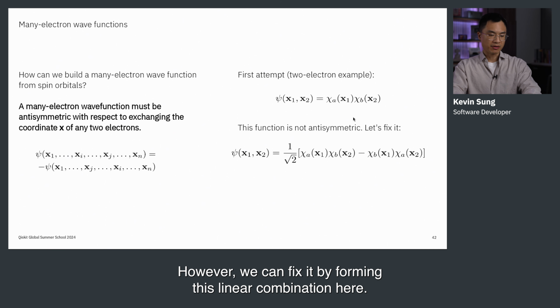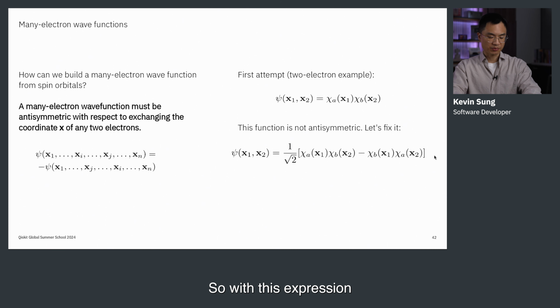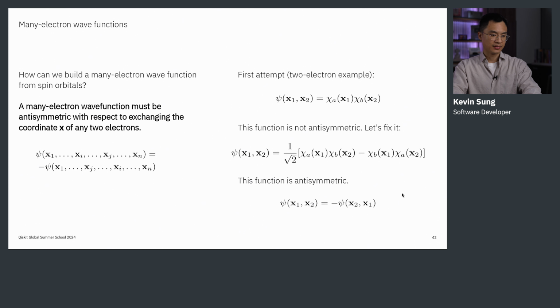However, we can fix it by forming this linear combination here. With this expression, if I swap x1 and x2, then I end up with the negative of this expression. So this expression does satisfy the antisymmetry property.